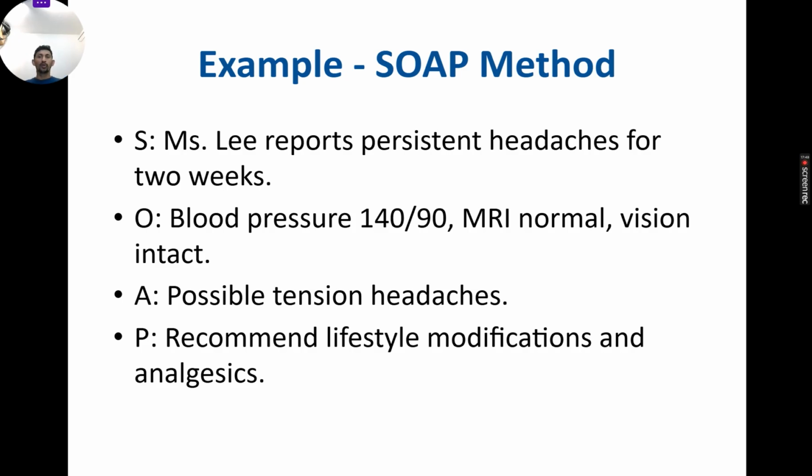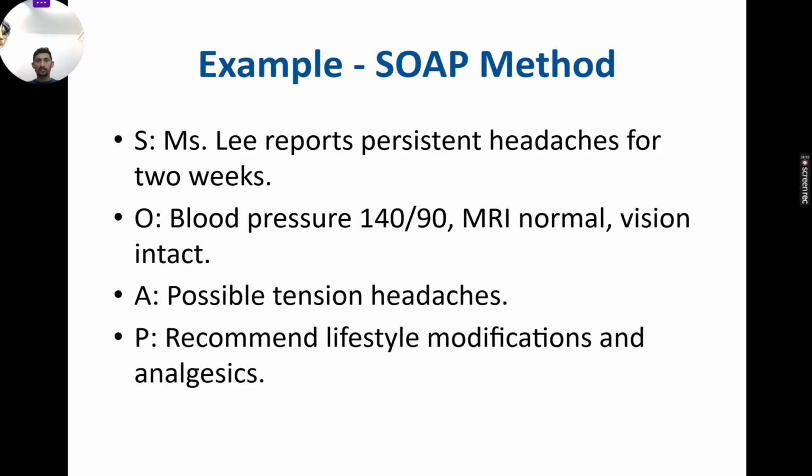Okay, then moving on to the SOAP method that we already mentioned: subjective, objective, then assessment and plan. For subjective, Miss Lee reports persistent headaches for 2 weeks. The patient is complaining about persistent headaches for the last 2 weeks. What is the objective, that means what investigation have you done?